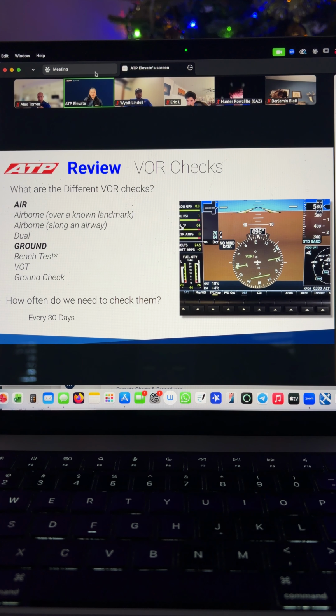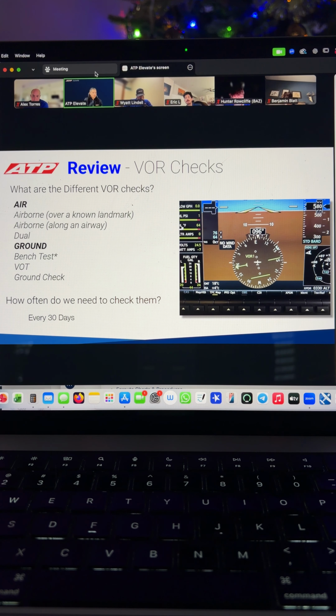So again, lots of DPEs love to talk about VORs, VOR service volumes. They understand that this is probably something where there are just more steps, more things, and they like to have people talk about it because this is an area that people are a little bit more uncomfortable with.